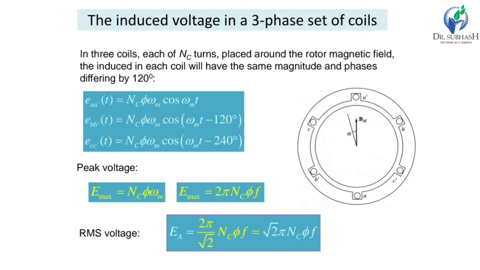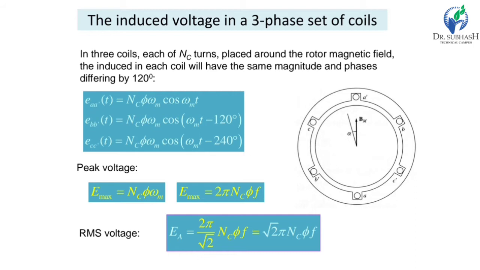Here the induced voltage in every winding is given by e_AA'(t) is equal to Nc phi omega_m into cos(omega_m t).